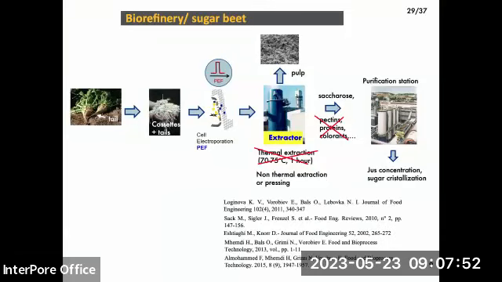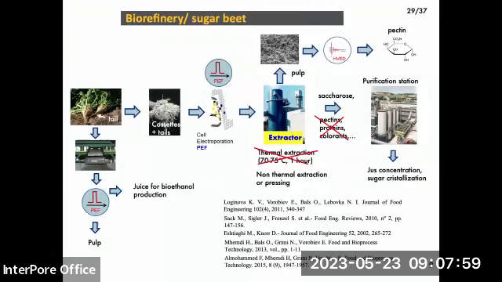Then the pulp can also be treated by high voltage electrical discharges to obtain the pectin. The tails can also be treated by pulsed electric field to obtain juice for bioethanol production. So this is a whole biorefinery based on such treatment.